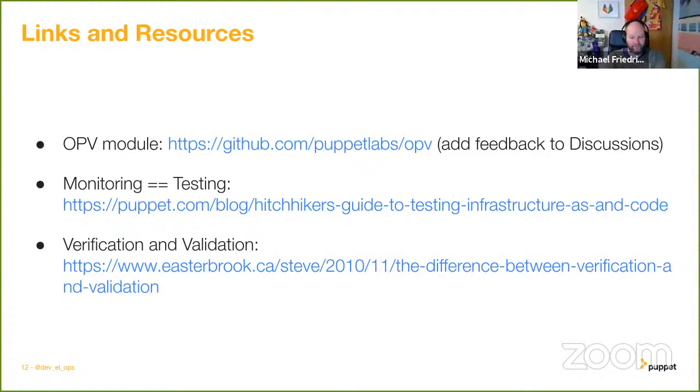I'm just not sure. I think there is a certain tension there. Of course the OPV module will be open source. And I would love to see more people contributing checks and improving what can be integrated there, right? Like integrate a check that goes out to Icinga, triggers a specific check, and then waits for the result, right?